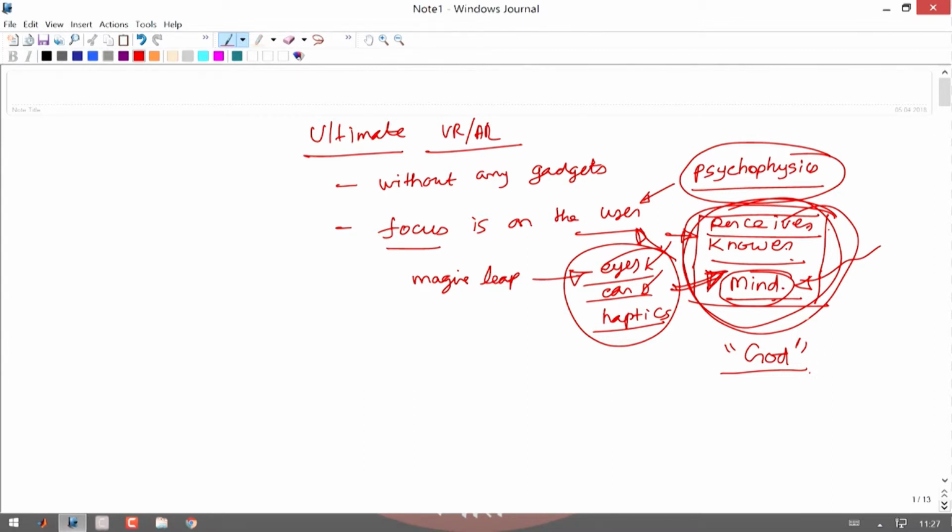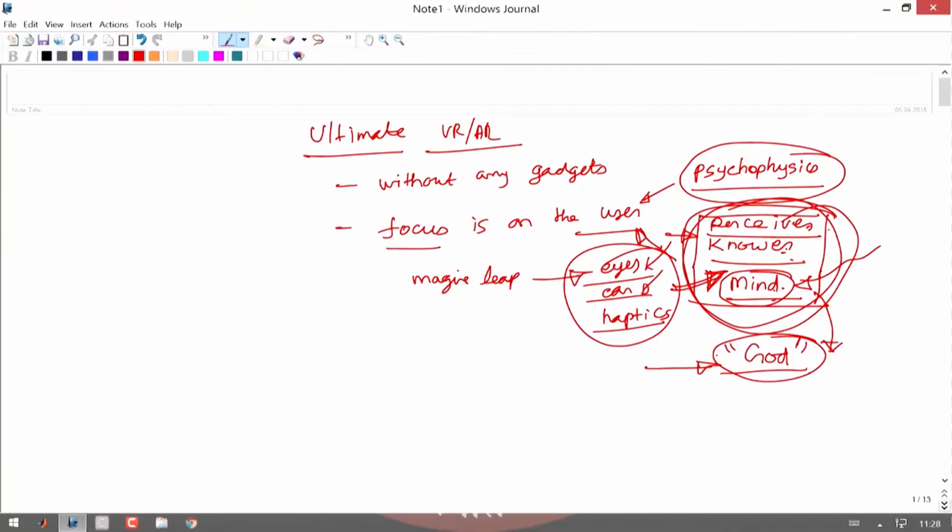We have now religionized this concept of the mind as God. We built so many temples in India specifically to tell that the mind or the perceiver is nothing but God.